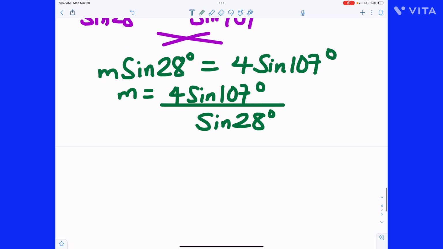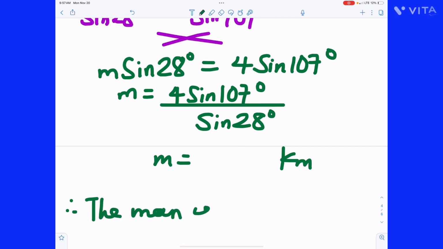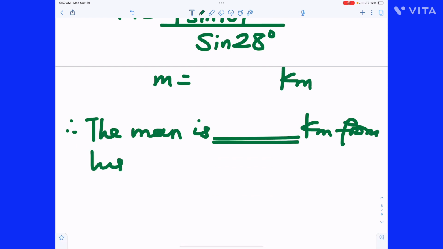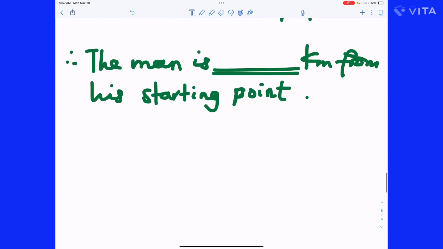So you press your calculator, get your M, it's going to be in kilometers. Say, therefore, the man is so many kilometers from what? From his starting point. You put the answer in the space provided. You can finish it yourself, okay?